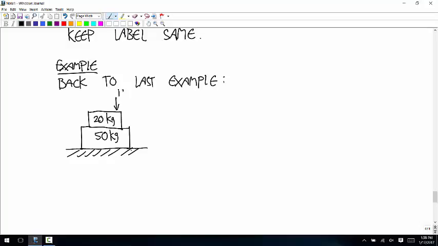And there was a 100 Newton force acting down on the 20 and a 50 Newton force acting to the right on the 20.